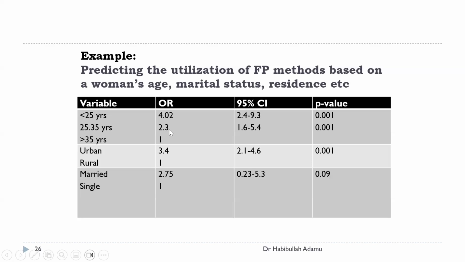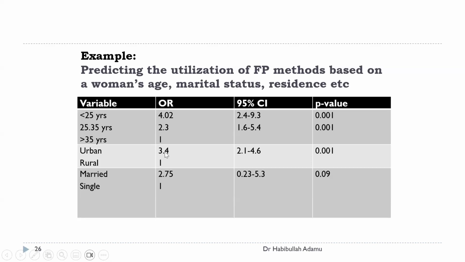For those between 25 to 35, look at the odds ratio. The odds ratio is what? Is 2.3. So that means those who are between this age group are what? 2 times more likely to use family planning. And when you look at place of residence, urban versus rural, for those who are in urban area, because urban is considered compared with rural, the odds ratio is 3.4.